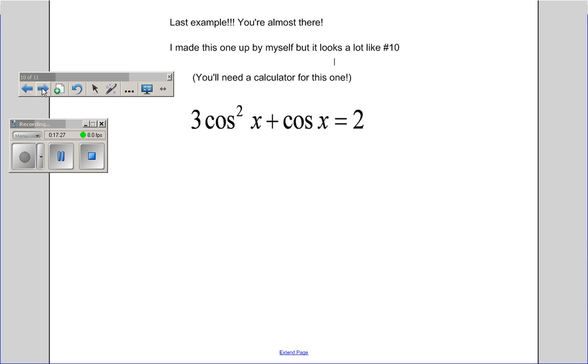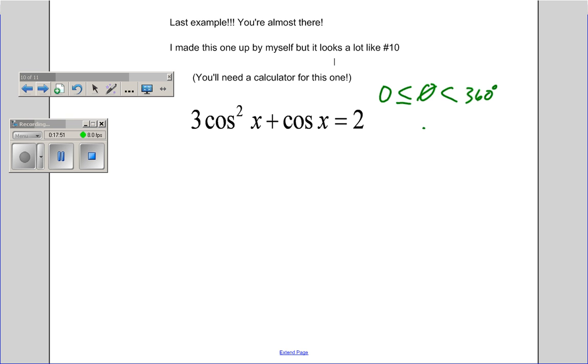For right now, we are going to find the angle between when it's greater than or equal to 0 and less than 360. Whenever it gives you it in this range, it's telling you it wants to use degrees.